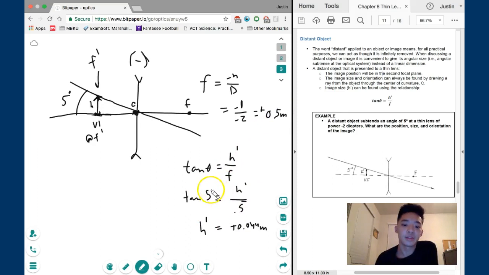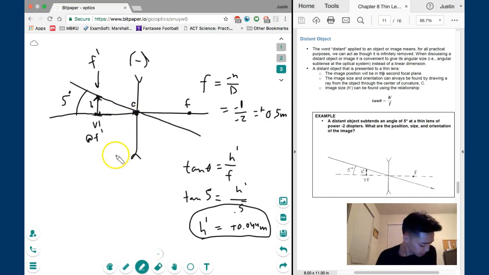You plug that into this equation now so that you can solve for h prime, and that's the first part of the answer, where it says what is the size. And then for position, you have to say, well, the position is the second focal point.